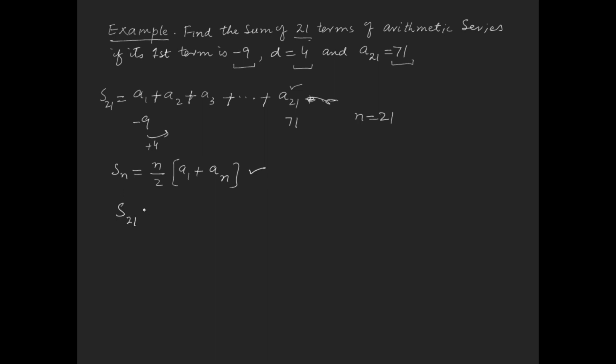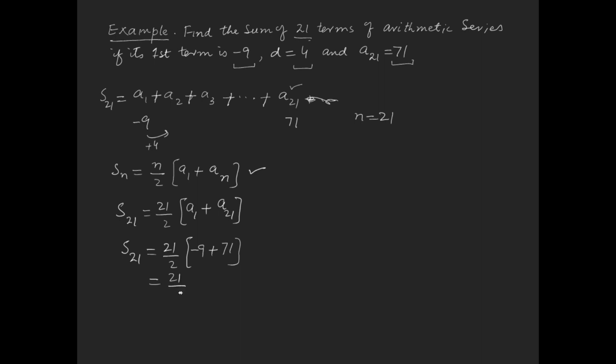So S21 is equal to 21 divided by 2 times the first term, minus 9, plus the last term, that is term number 21, whose value is 71.